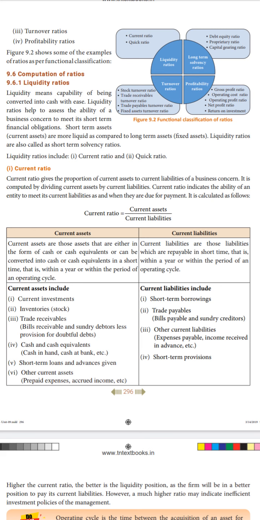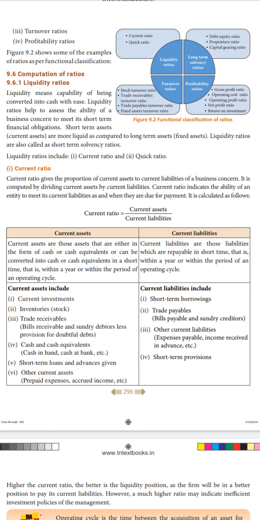The third one, other current liabilities. Here it talks about the expenses which are payable, that is, outstanding expenses, income which is received in advance, etc. Then the last one is short-term provisions. So these are the parts of your current liabilities.